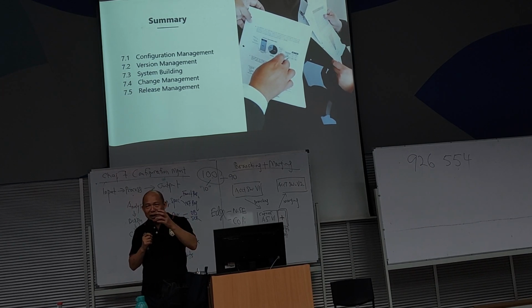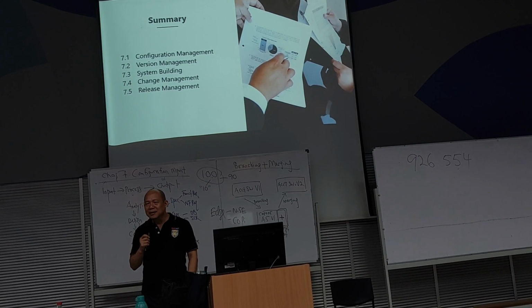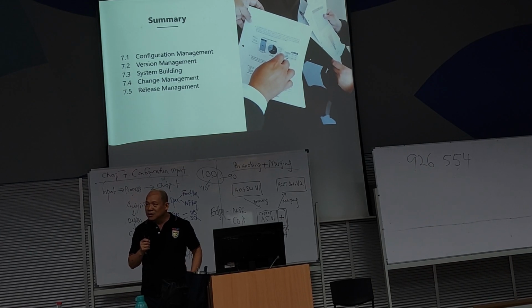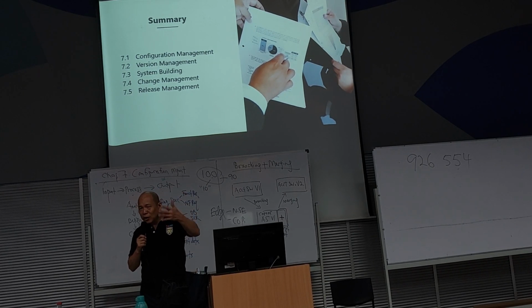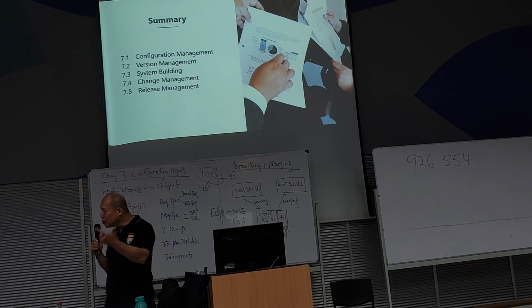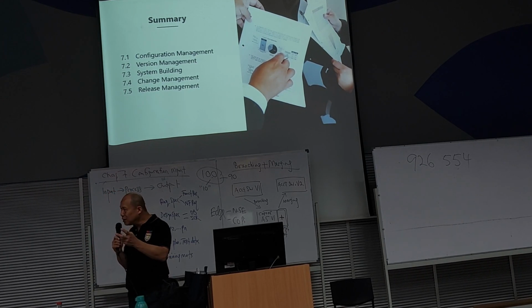Wiring too. So car manufacturers also have to keep track of their configuration items. That's why when you go and buy a spare part, the spare part shop will ask you what is your brand, what is your model, year, make, so that you get the right spare part.